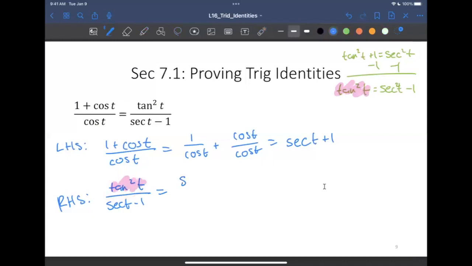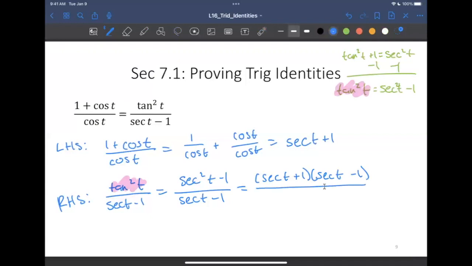So that gives me secant squared t minus 1 over secant t minus 1. Okay. This is a difference of squares, so we can factor it out and write it as secant t plus 1 and secant t minus 1 over secant t minus 1.